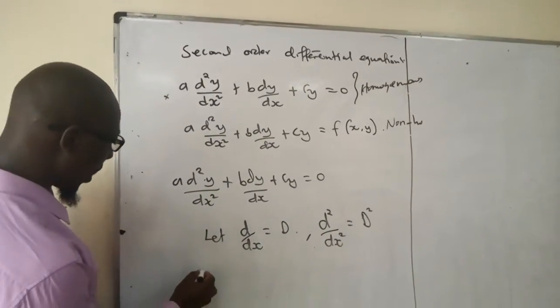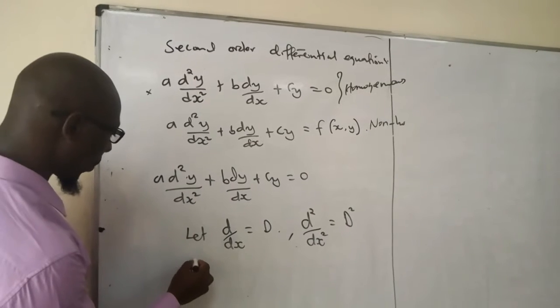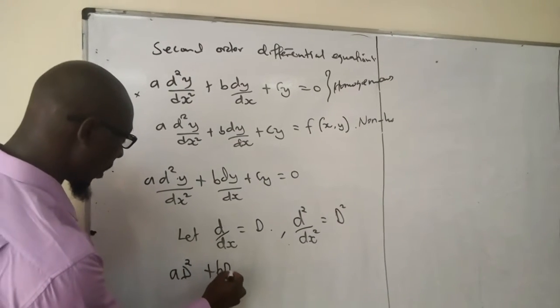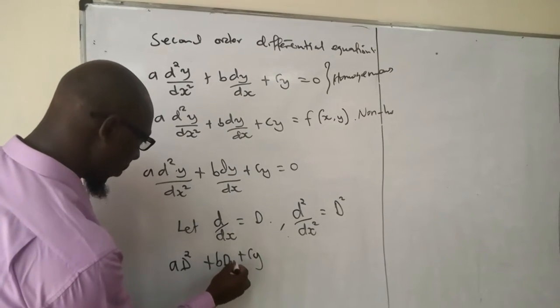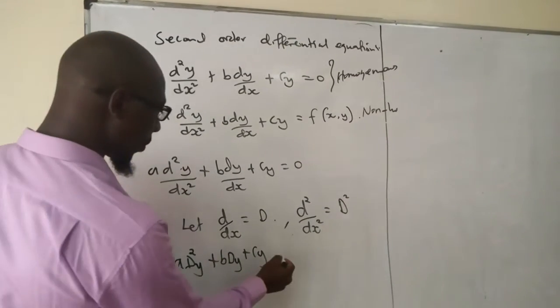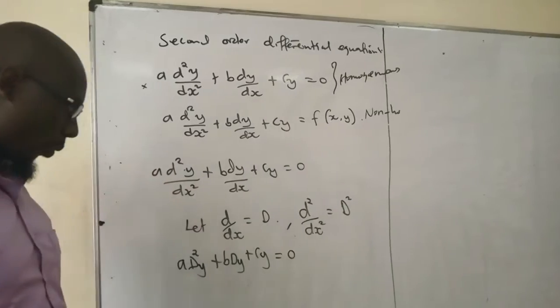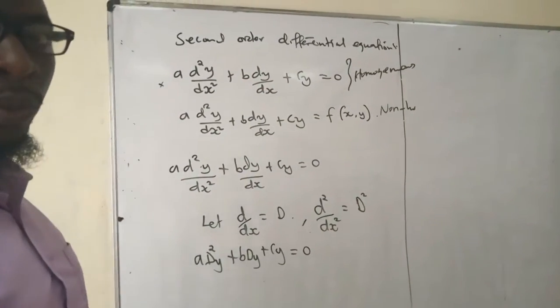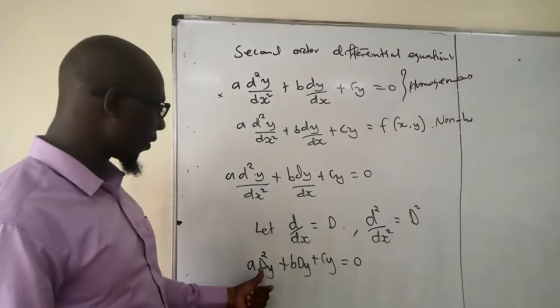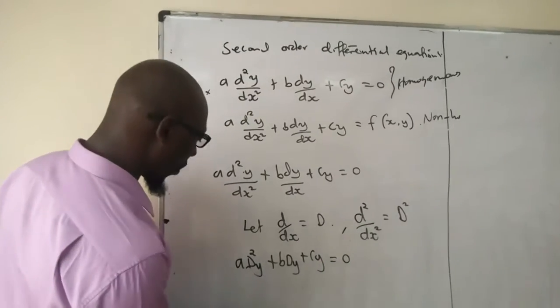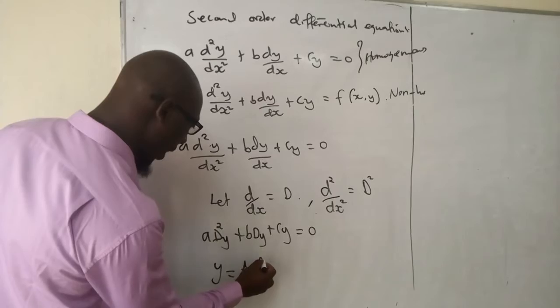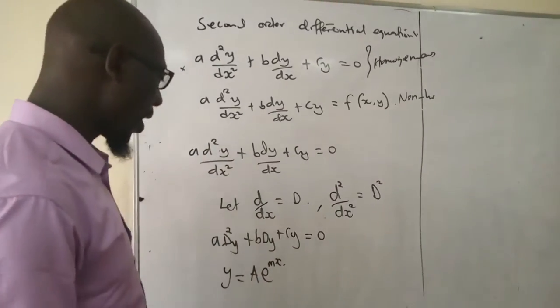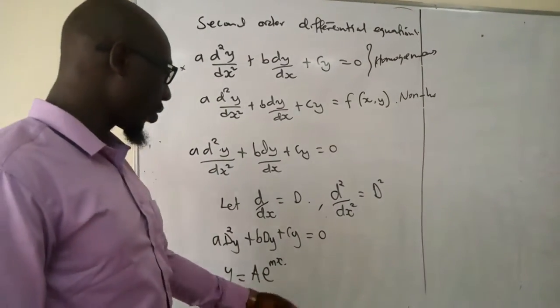We shall form aD squared plus bD plus cy, maintaining the y's, to be equal to 0. But we know that such equations have got a general solution of the form y is equal to A exponential of mx.